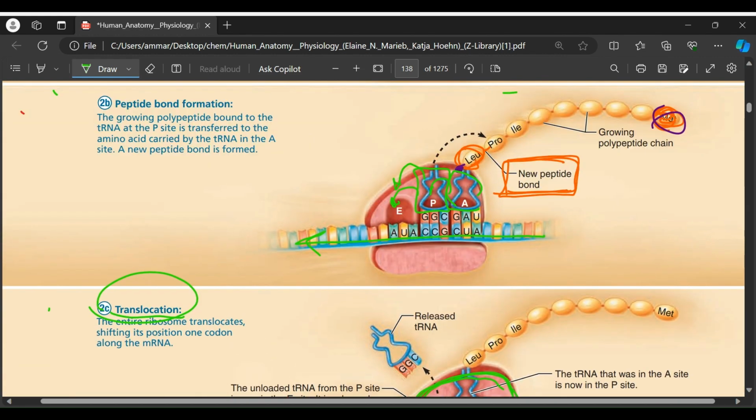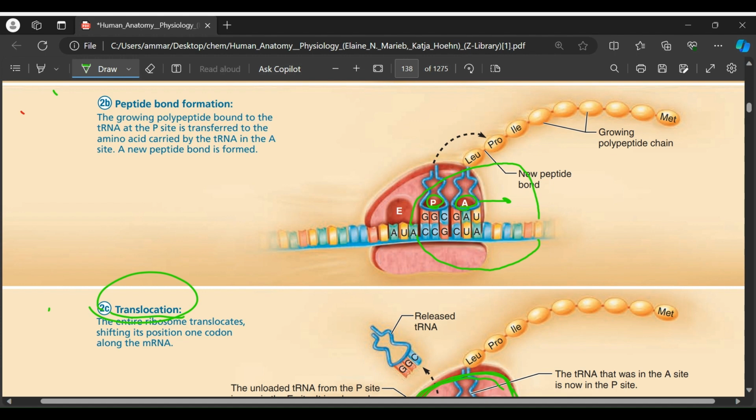So when these are moving, you need to visualize it. Look, now this is in P, and this is the A site. When this moves here, I will draw the new one. It will become like this, right? It moves one codon at a time.